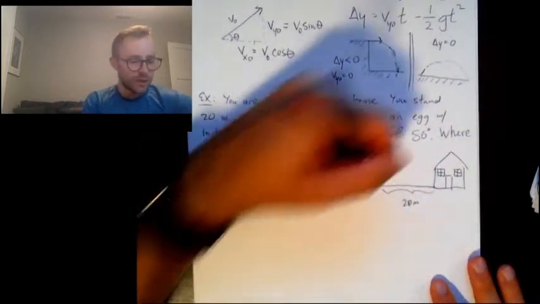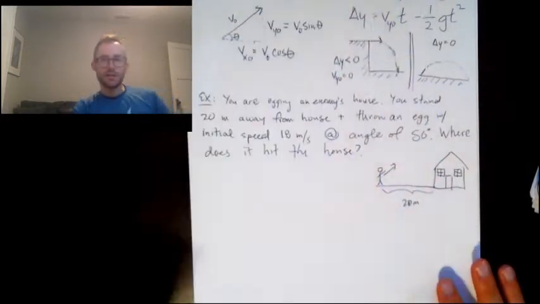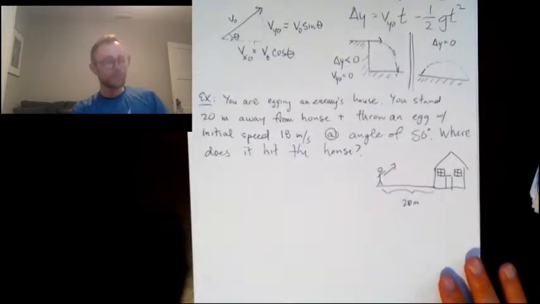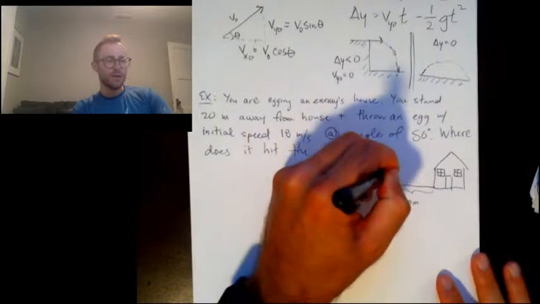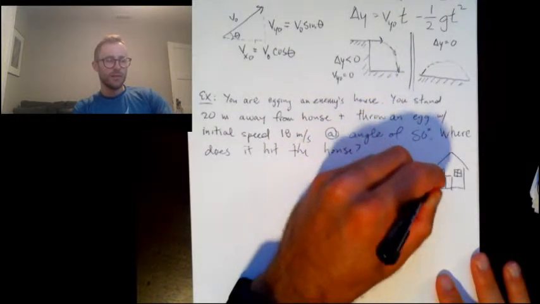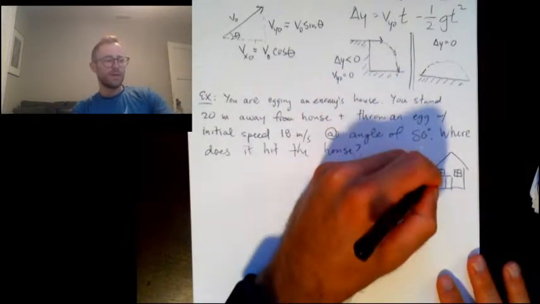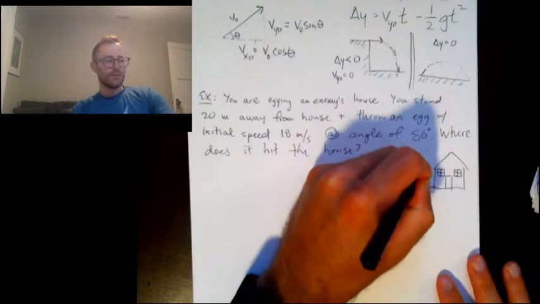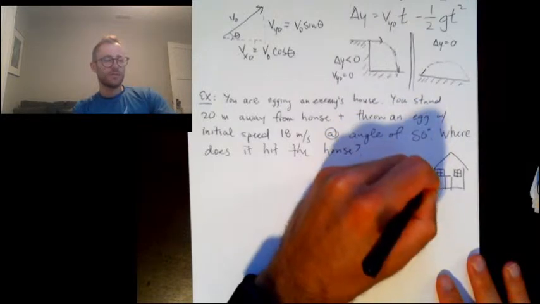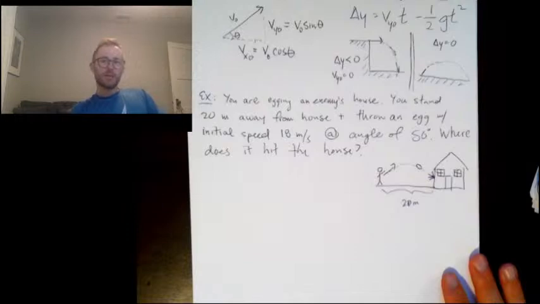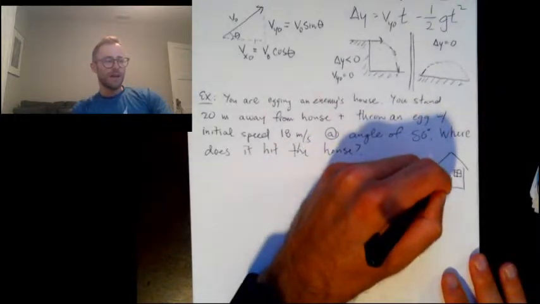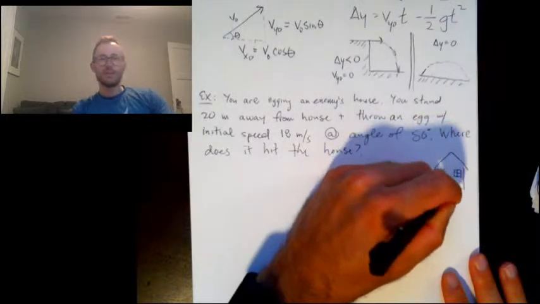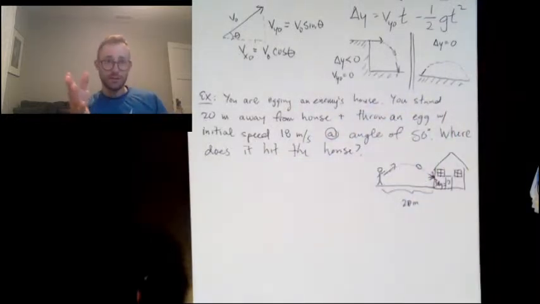And you've thrown this egg. We're going to neglect the height of the person, so we're assuming that they're throwing it from ground level. And the egg is going to go in an arc. So here's the egg traveling, and it's going to splat on the house somewhere. What we want to know is how high up on the house does it hit? What is the delta y when it hits the target?